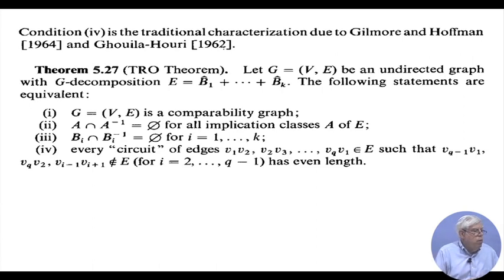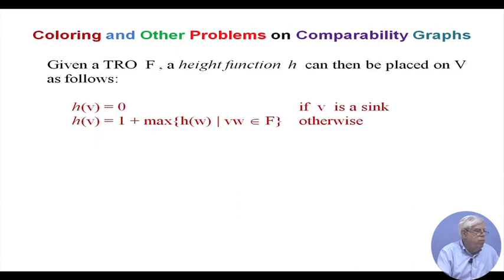The more algorithmic characterization started actually with the paper from Pnueli, Lempel, and Even. Amir Pnueli, as many of you might know, was a Turing Prize winner, so a pretty smart guy.